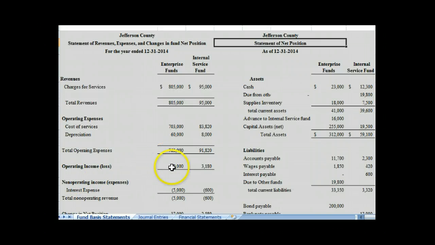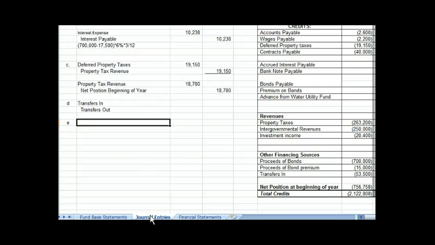What I've done here is expand the screenshot, so hopefully you can see this. The internal service fund, you'll see right here, is cash of $12,003, due from others $19,800, $7,500. We're going to be listing the capital assets of $19,500. We're going to list all those assets and all the liabilities, and we're going to create those into the combined government-wide financial statements.